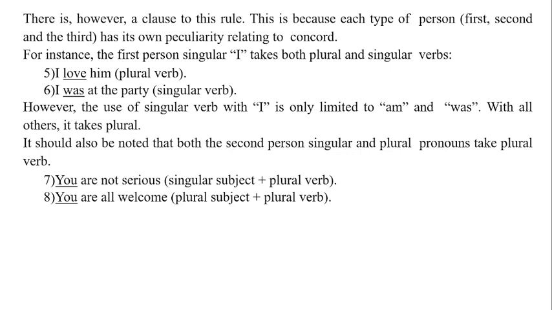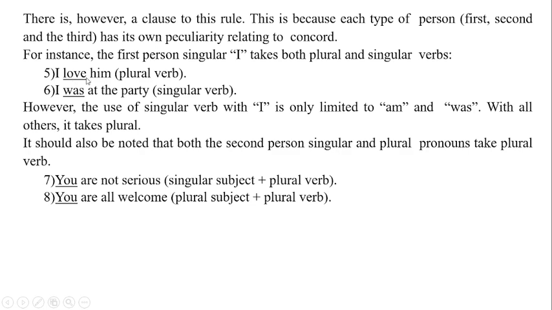So, for instance, example 5, we have I love him. I is singular, love here is a plural verb, but it's going to be grammatical because this I is an exception to the rule of number concord.